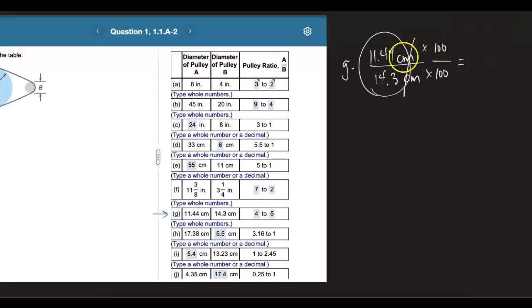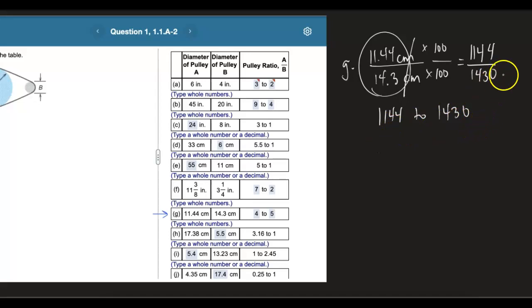So when we do times 100 on both of these, we at least can write them as whole numbers, like this. But again, if I were to try to put that in as 1,144 to 1,430, it'd probably give me some error message about reducing this ratio.